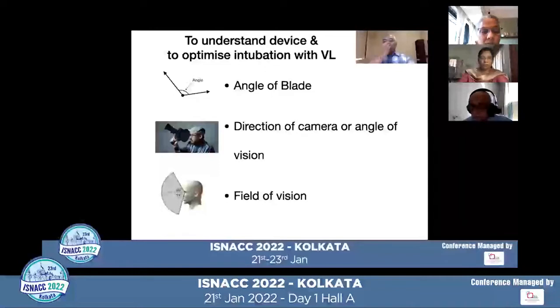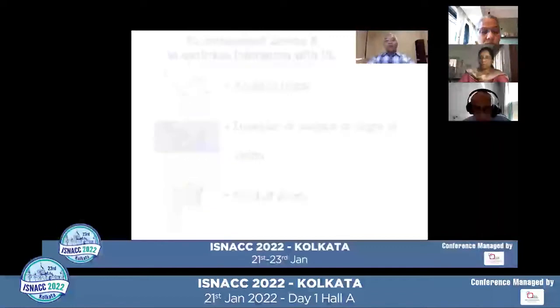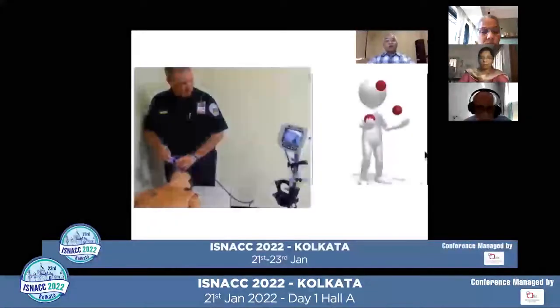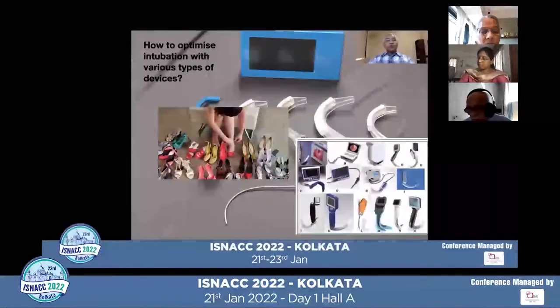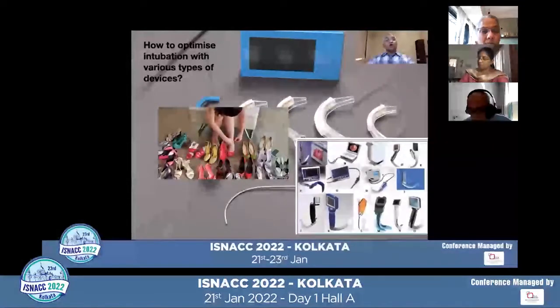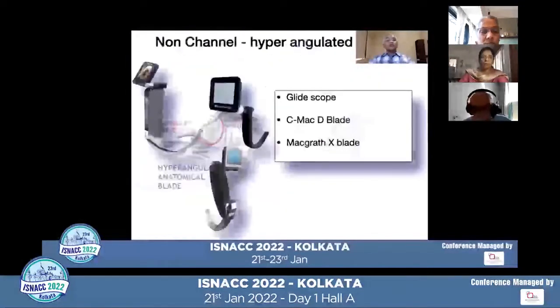You also have to understand the direction of the camera, in which direction the vision is, and what is the area of vision which is available. Also, to successfully intubate, as you are looking somewhere else and intubating somewhere else, you need to develop hand-eye coordination. So we'll try to understand how to optimize intubation with the various types of device.